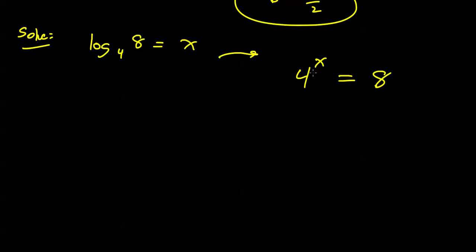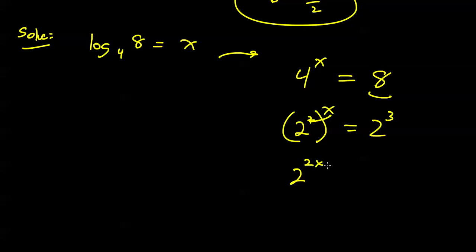8 is not a power of 4, but they are both powers of 2, are they not? So here's what I'm going to do. I'm going to say, well, 4 is 2 squared to the x power on the left, and on the right, 8, of course, is 2 cubed. Multiplying these exponents, I'll say 2 to the 2x equals 2 cubed.